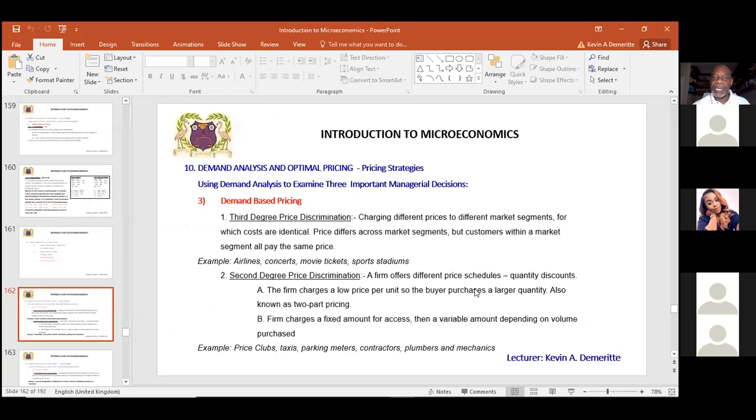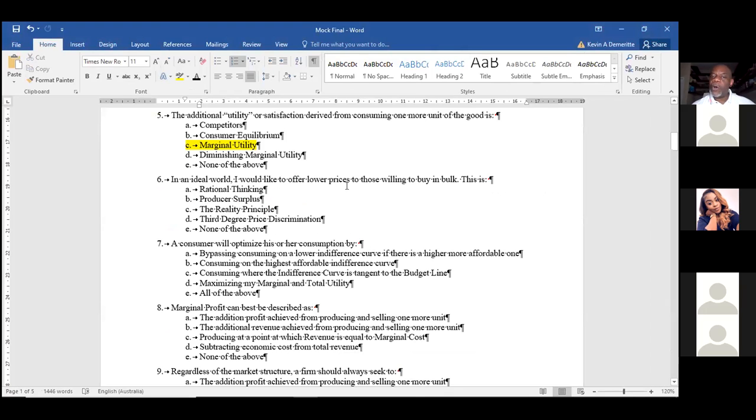Let me go back to our question. Okay. Here's our question. In an ideal world, I'd like to offer lower prices to those willing to buy in bulk. That's second degree price discrimination. That's not third degree. So the answer would have to be none of the above.